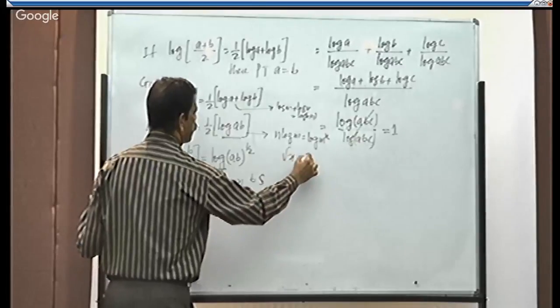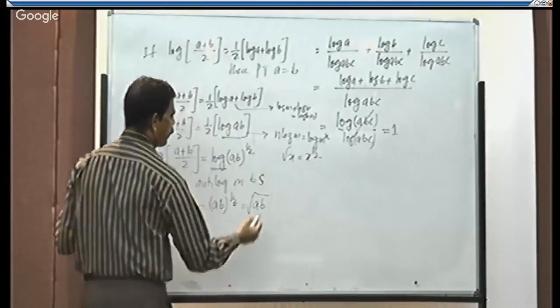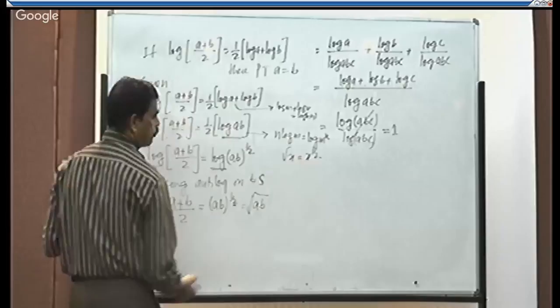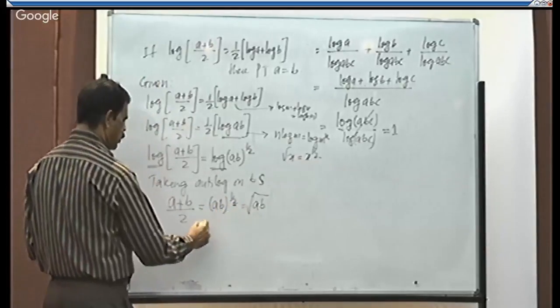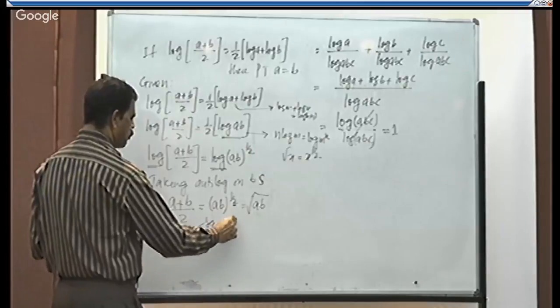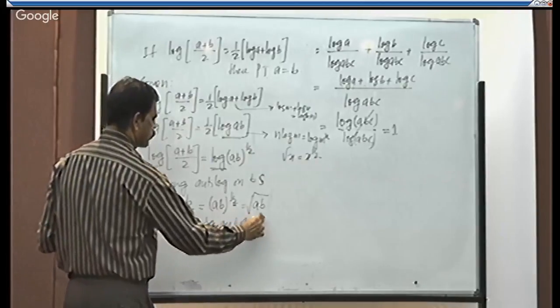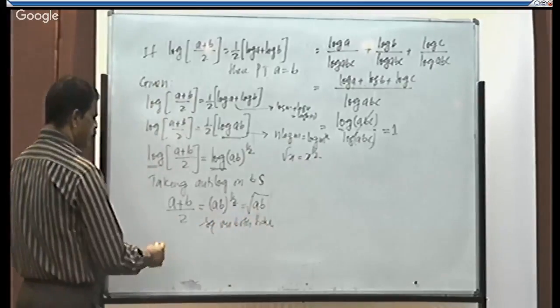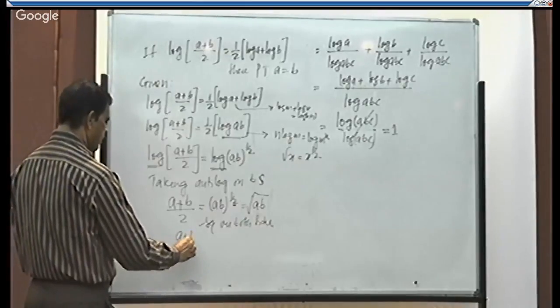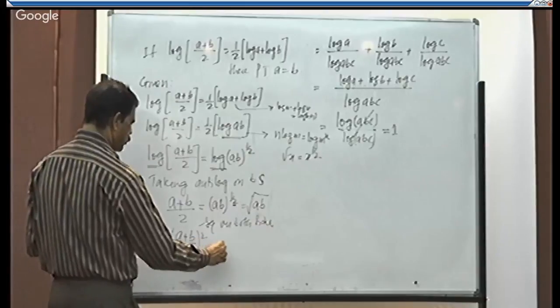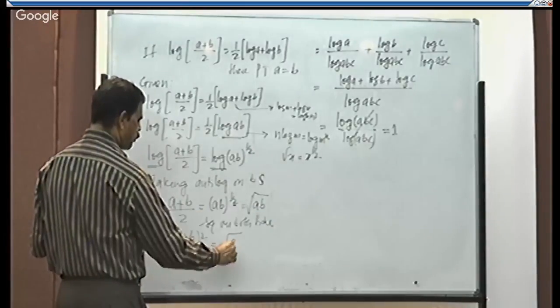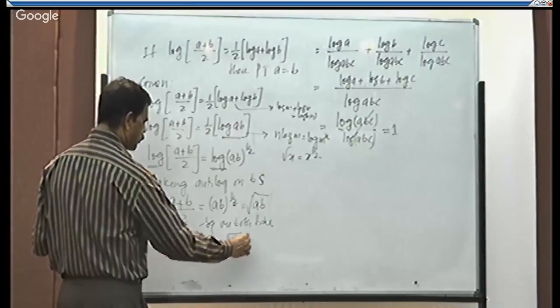Root x is x to the power of 1 by 2. I am taking ab in the root. Now, square on both sides. The left hand side is (a plus b) divided by 2, whole square, equal to root of ab whole square.